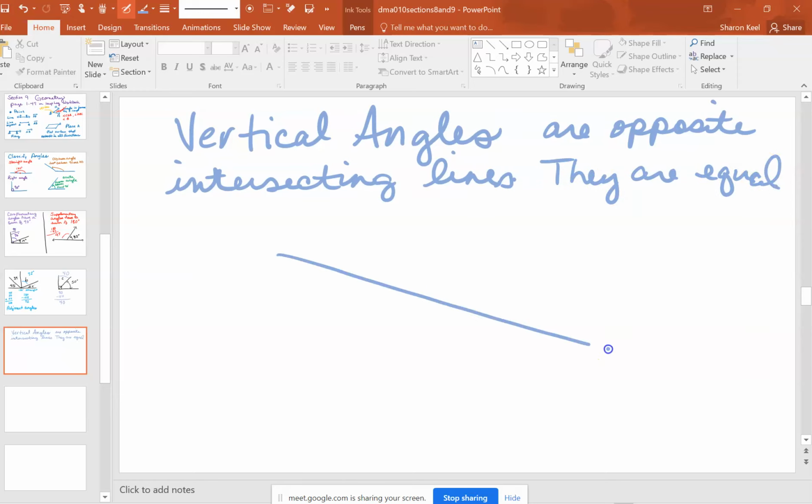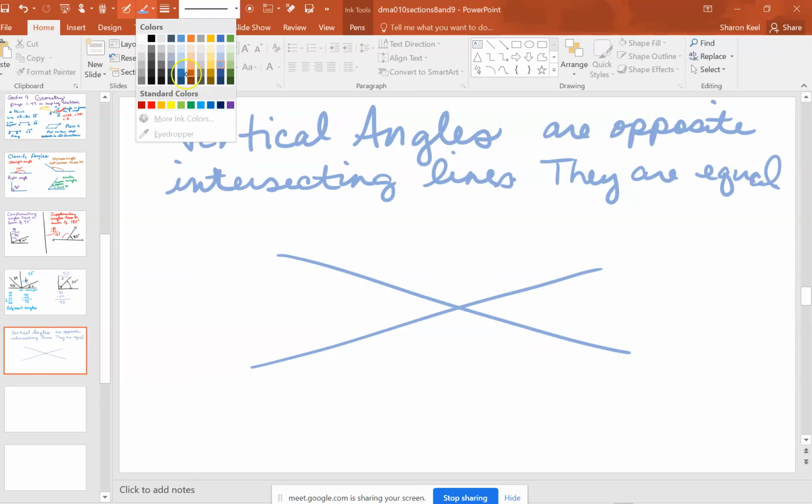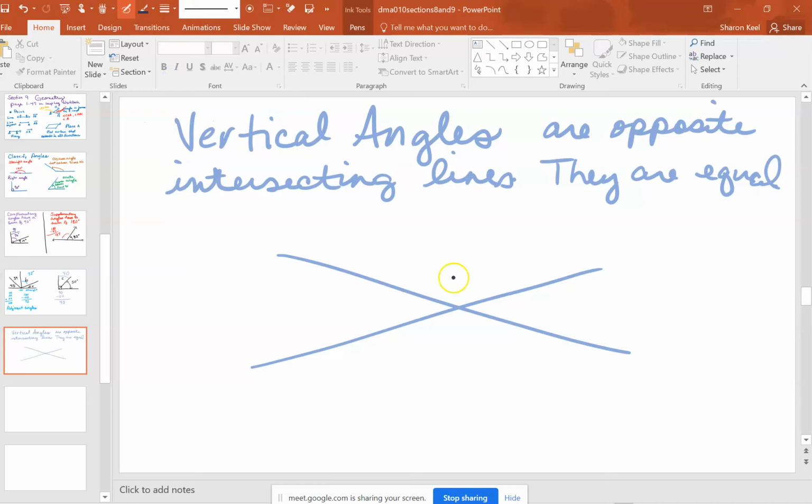So if I have two lines that are intersecting, and if I were to label this measurement here as 60 degrees, if this measure is 60, the vertical angle to it, on this side, is also 60 degrees.